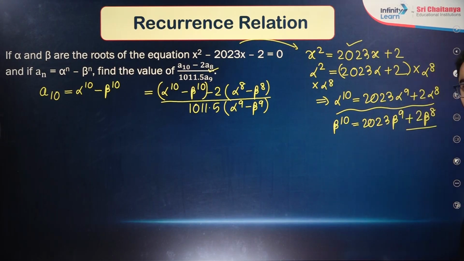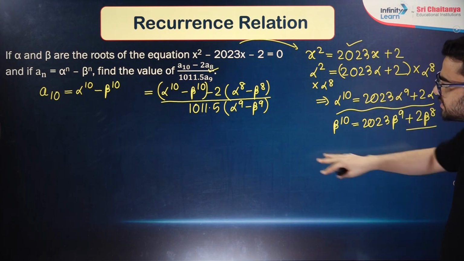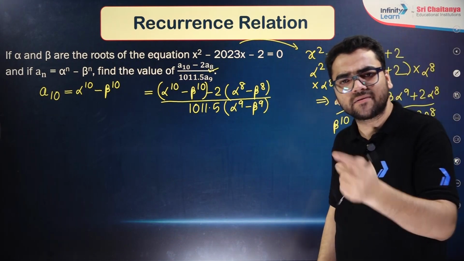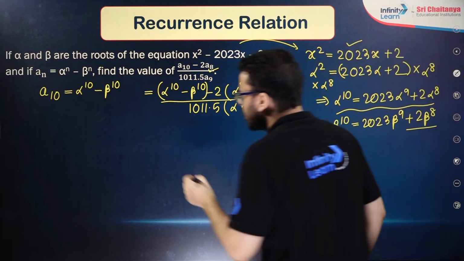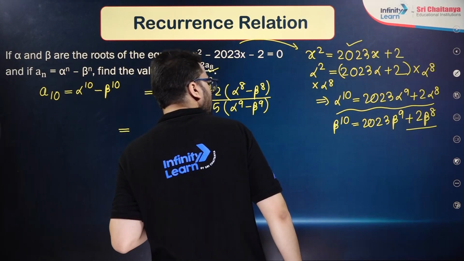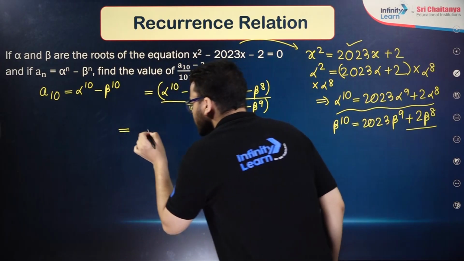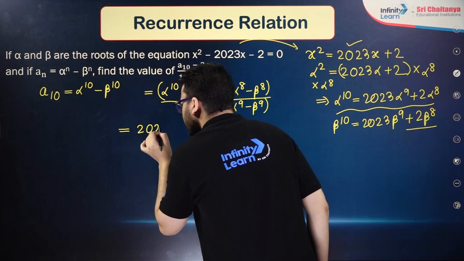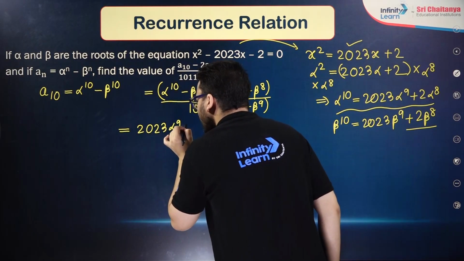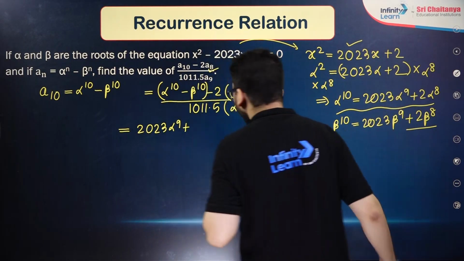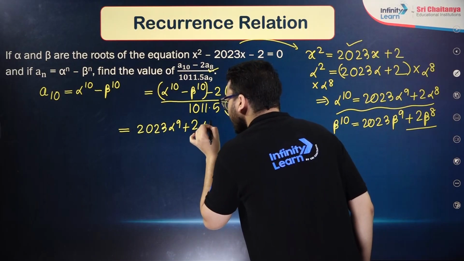That's it. Now we just have to put these things over here. You'll get the answer after simplification. Let's see that. Alpha raised to the power 10 is this: 2023 alpha raised to the power 9 plus 2 into alpha raised to the power 8.